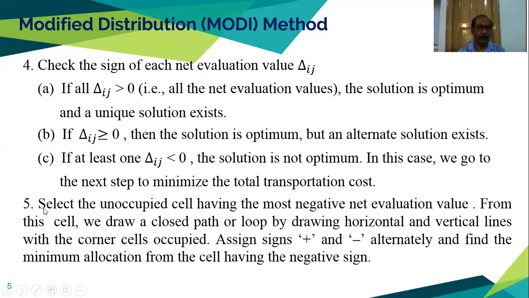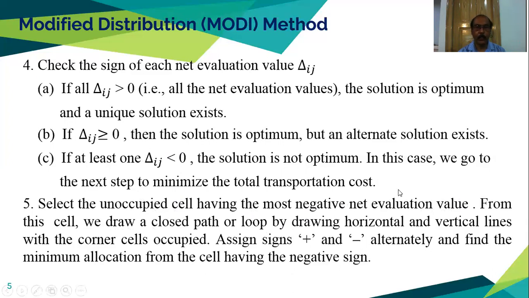Now step 5, select the unoccupied cell having the most negative net evaluation value. From the delta ij, we have to find the most negative. If there is more than one negative value, then we have to find the most negative value and in which cell it lies. From this cell, we draw a closed path or loop by drawing horizontal and vertical lines with the corner cells occupied.